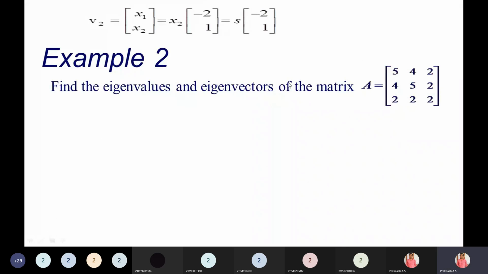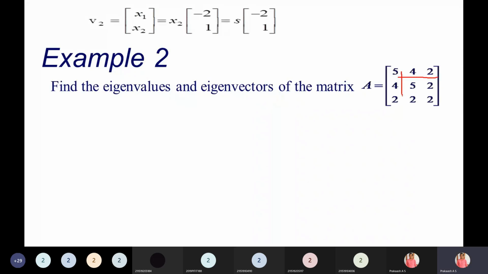So now we go to the example to find the eigenvalues and eigenvectors. What kind of matrix is this one, symmetric or non-symmetric? Symmetric matrix.